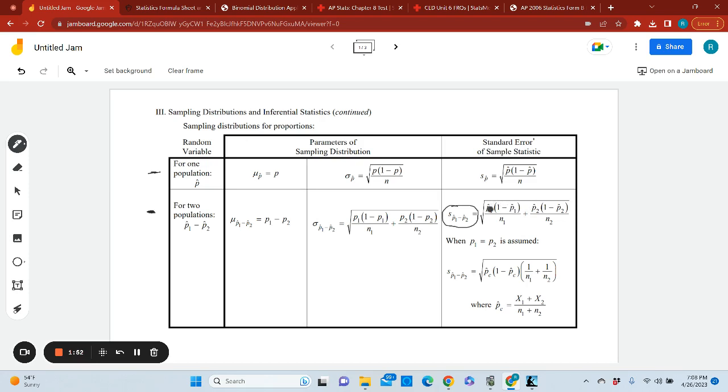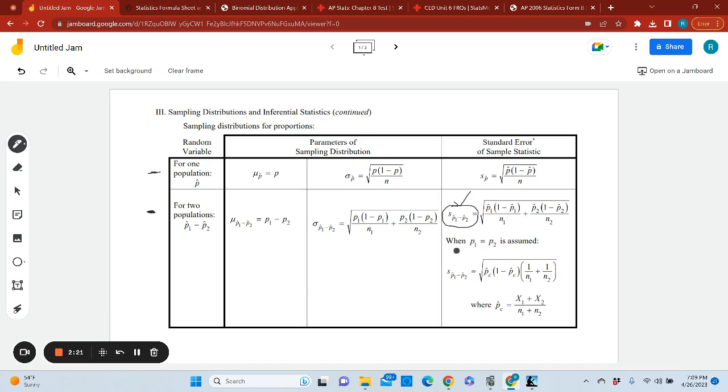So we're going to get the information from our first sample, one sample size from one population and the statistic that we get from that sample, plus here is my second population sample size and the statistic that we get from that sample. Add these two variances together, take the square root, and now you have your standard error.